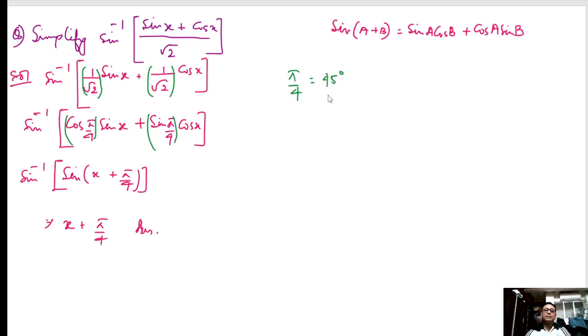So cos 45 and sin 45 are 1 by root 2. Now this formula is sin a cos b plus cos a sin b, the formula of sin a plus b. Now sine inverse and sine cancel. So this is our answer.